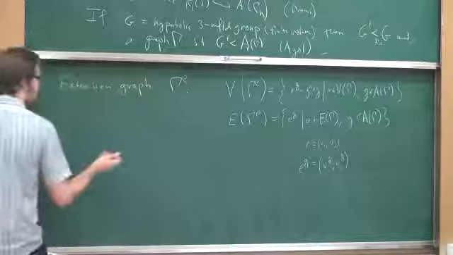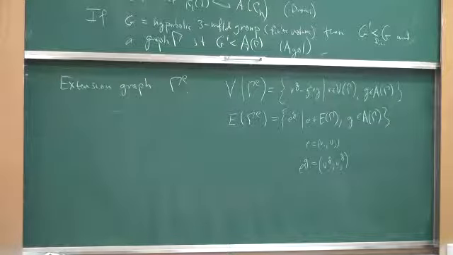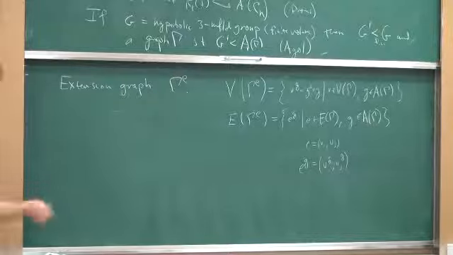Okay, so one sort of direction of the classification of right-angled subgroups of right-angled Artin groups is the following.